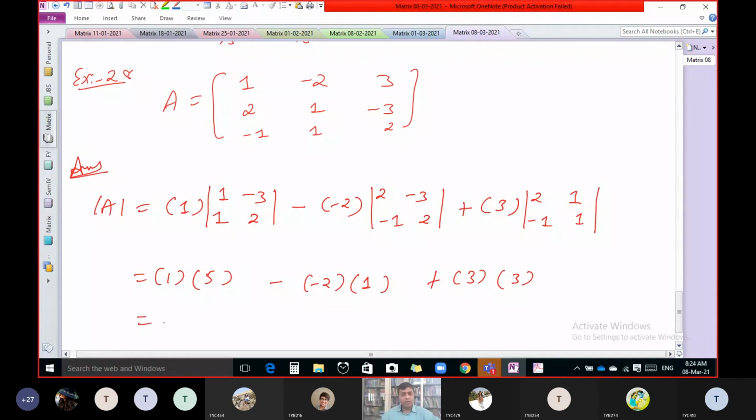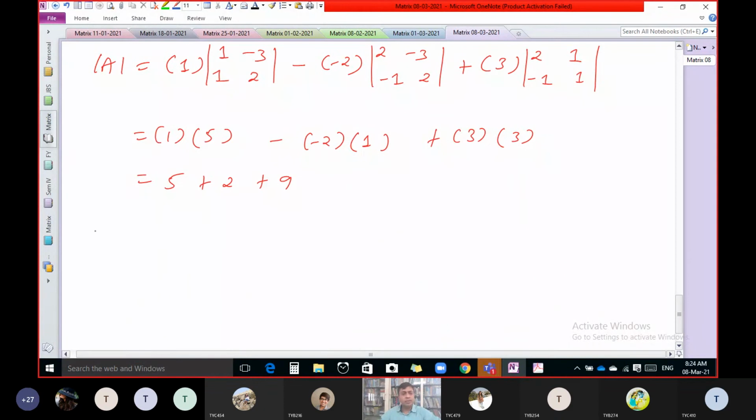Okay, now this simplification is 5, this is minus minus plus 2, and this is plus 9. So 5 plus 2 plus 9, that is 16. So here the determinant is not 0, therefore A inverse is possible, or you can say that A inverse exists.